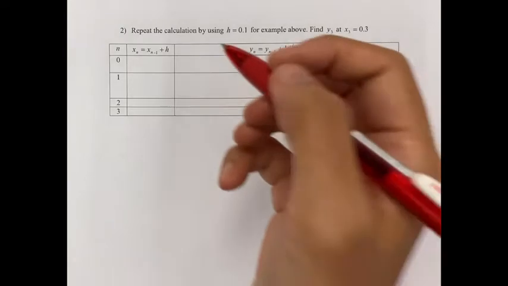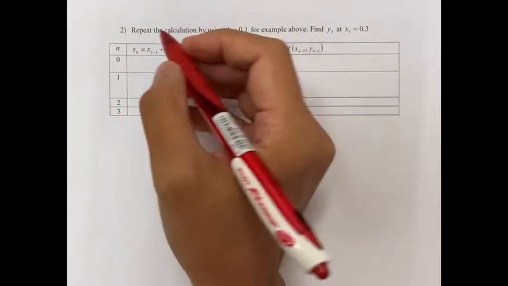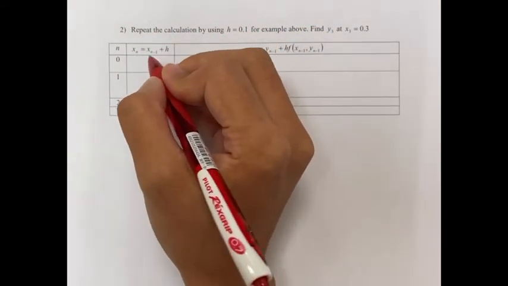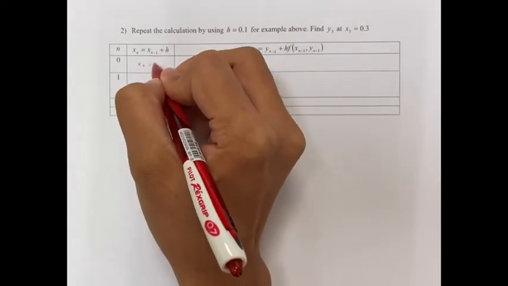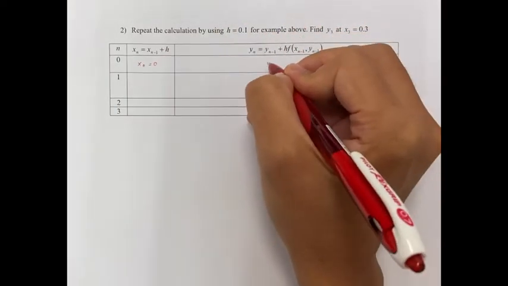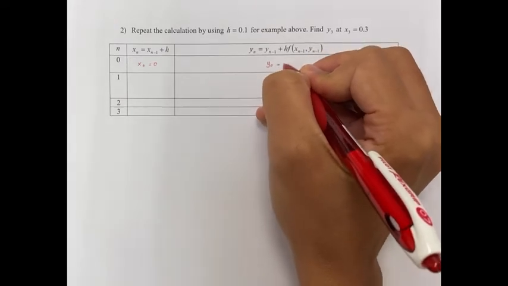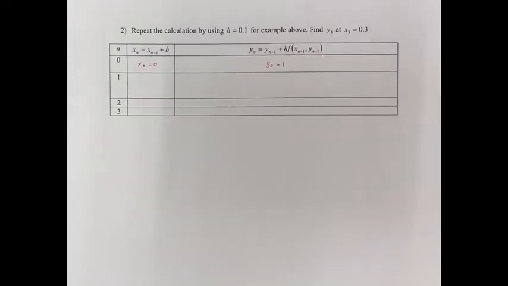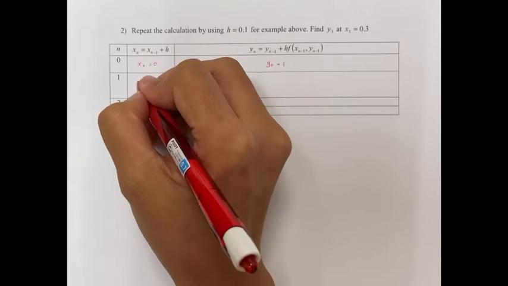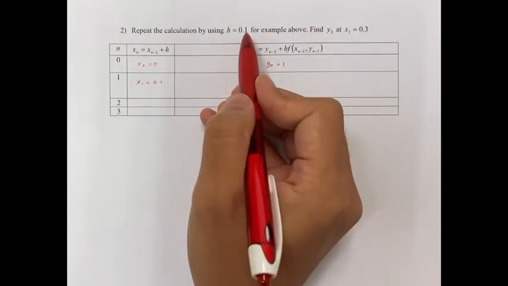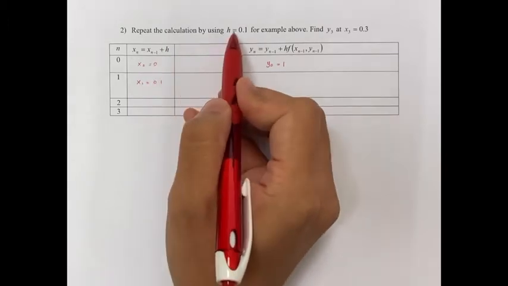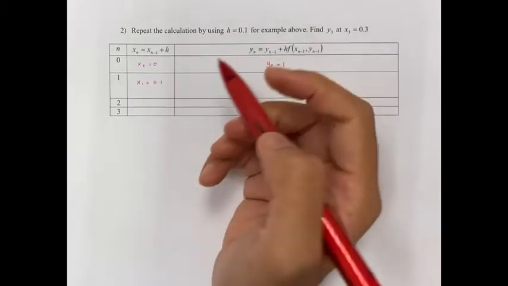Okay, so start with n equal to 0. So substitute your initial value. x0 is equal to 0 and y0 is equal to 1. Then x1 now becomes 0.1, since your h is 0.1, so 0 plus 0.1 is 0.1.